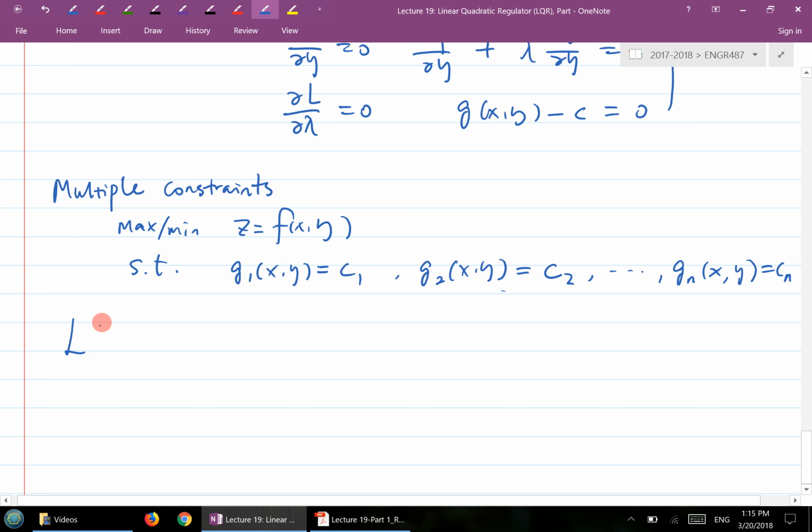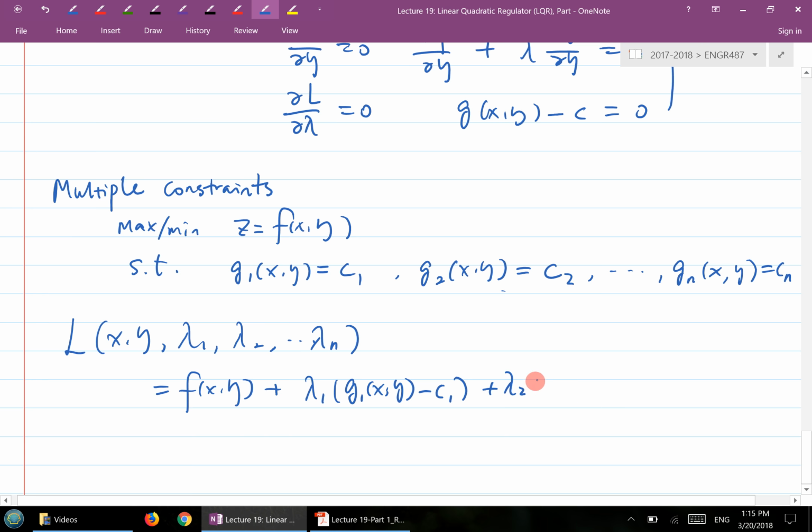You can introduce a Lagrangian L, and L will be a function of x, y, and then lambda 1, lambda 2, up to lambda n, so n Lagrange multipliers. This is equal to f of x y plus lambda 1 times g1 of x y minus c1, plus lambda 2 times g2 of x y minus c2, and so on until lambda n times gn of x y minus cn.